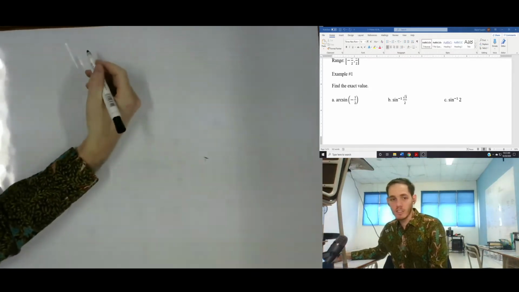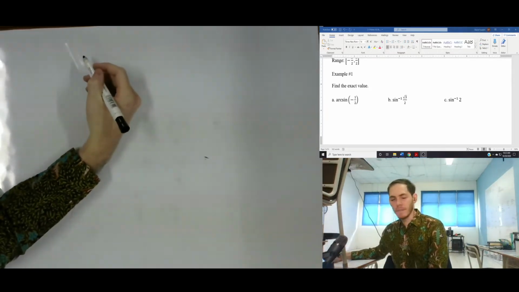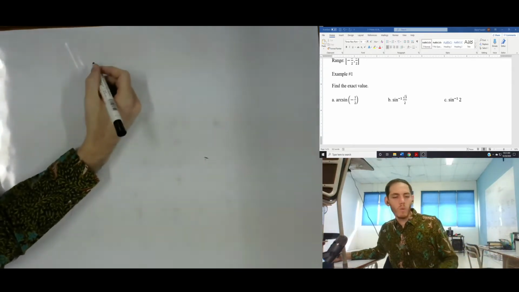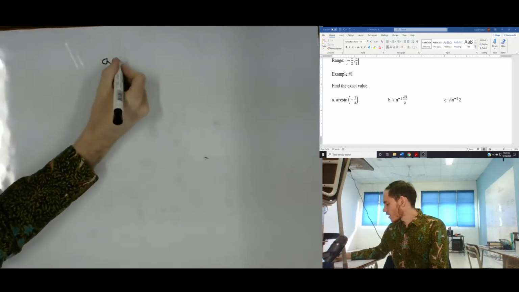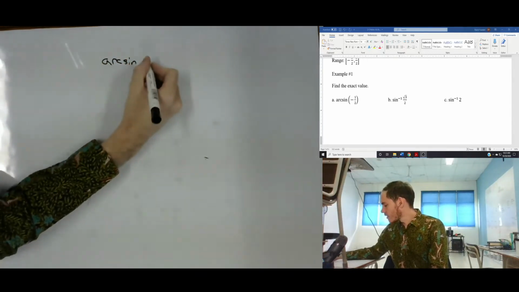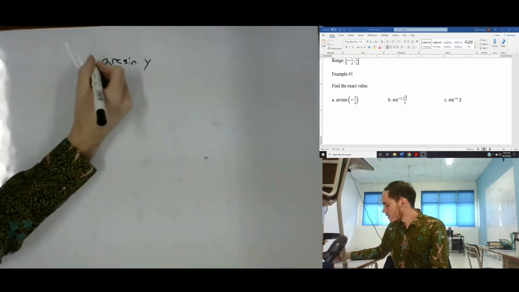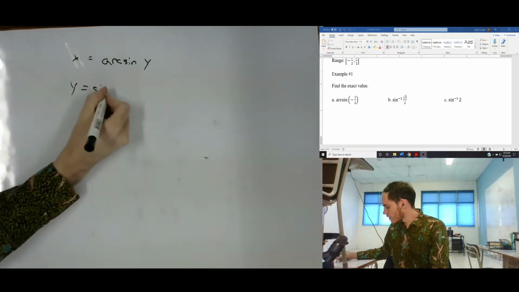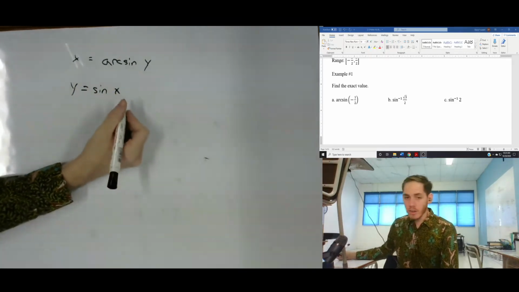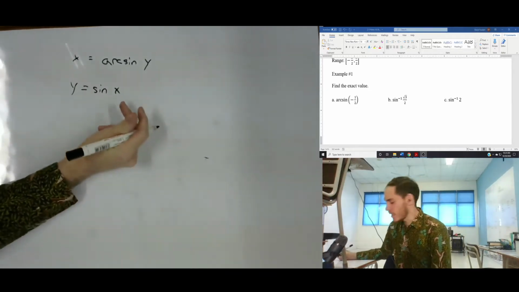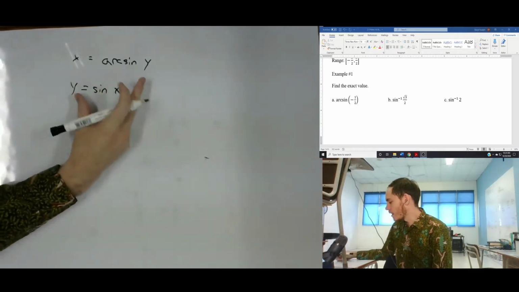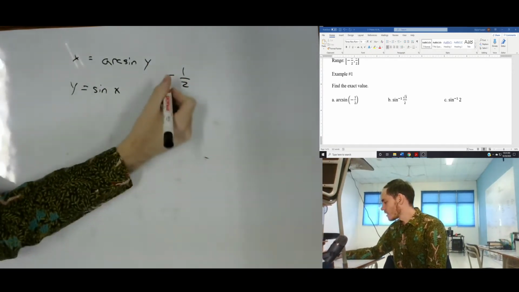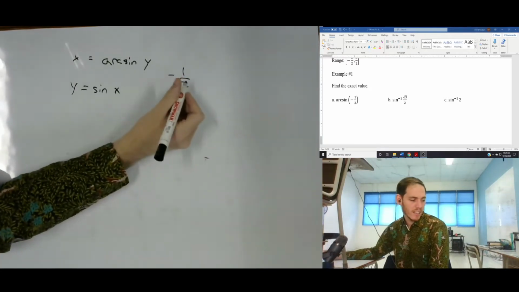Arc sine of -1/2. Remember, arc sine of y equals x if and only if y equals sine of x. So this -1/2 is going to give us a side length.